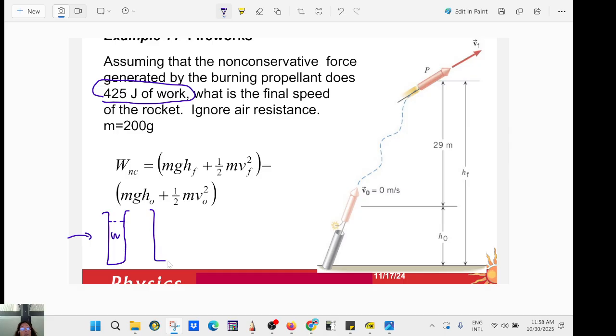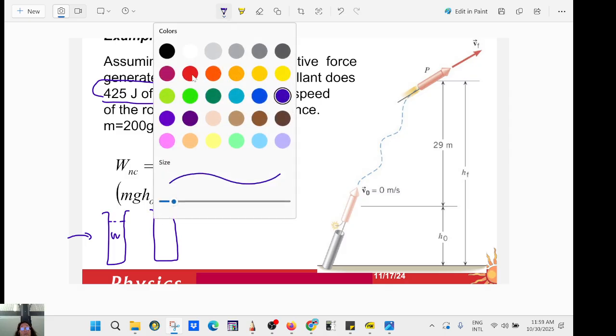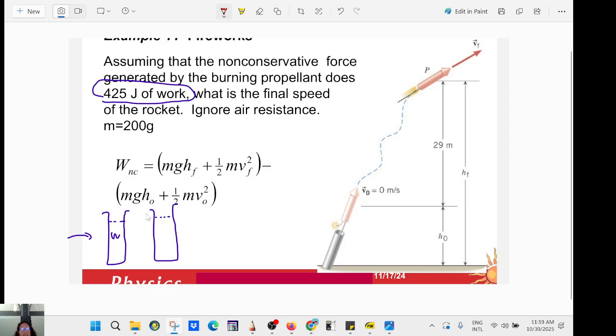So the level is not going to change. It's going to be the same level, except some of it will be kinetic and some of it will be potential. Okay, so the work here is 425 joules. So that will be your level. 425 stays the same. Here potential equals 0.